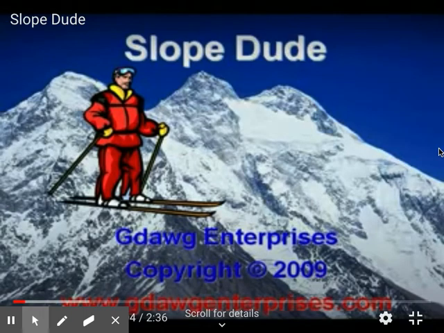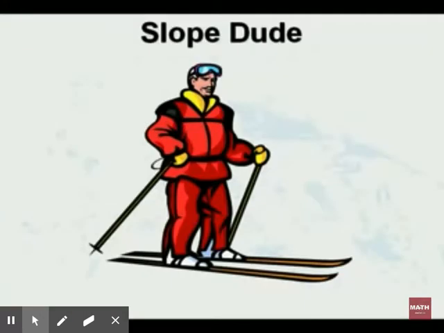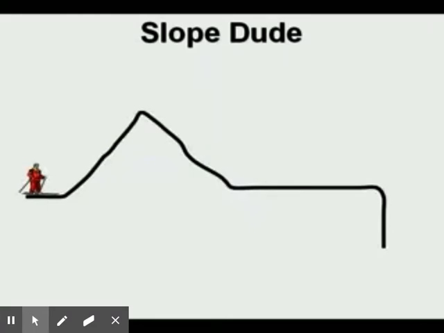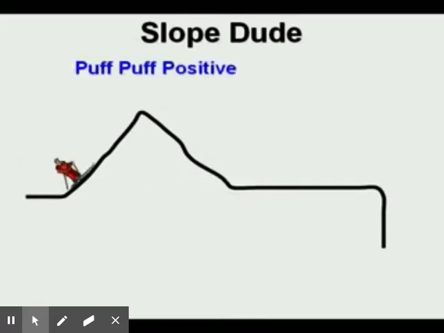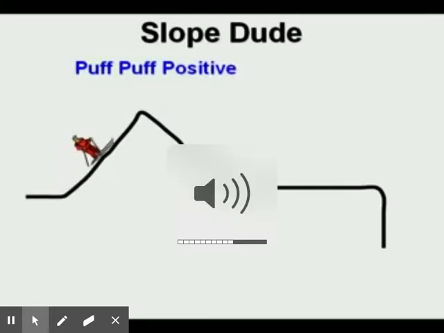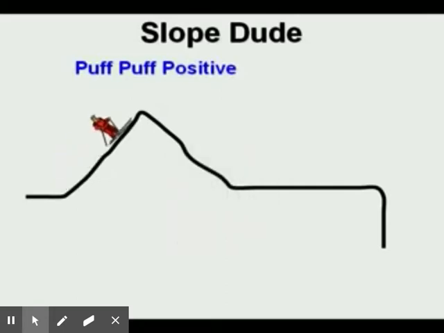Welcome to the Adventures of Slope Dude. Meet Slope Dude. He loves to ski. We are going to follow him. He'll teach us some important aspects of slope. This is the course he's skiing today. What he says will teach us about slope. Always remember that Slope Dude always skis toward the right or eastward. When he starts out, he's going uphill. It's hard work. He says puff, puff, positive as he goes up the mountainside. Now he's at the top.